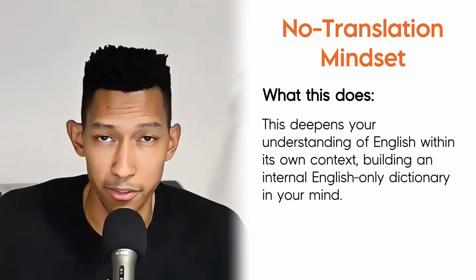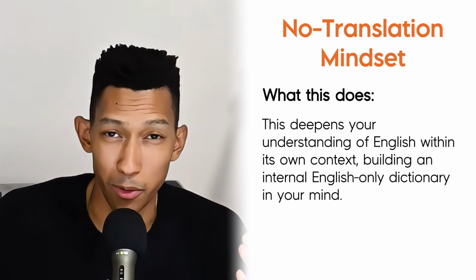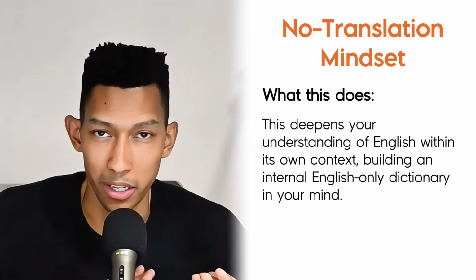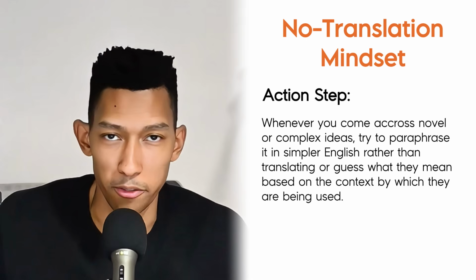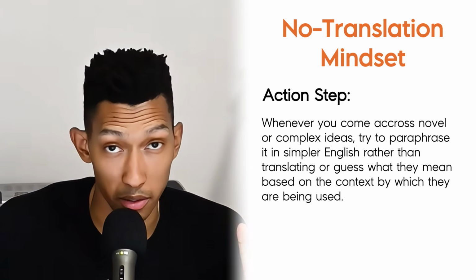If you can process information only in English on the English side of your brain, this is going to do wonders for your ability to become an advanced communicator. More specifically, this is going to deepen your understanding of everything in English if you can actually define it and learn it all in the English language. So, if you come across complex ideas, you're going to do one of two things.